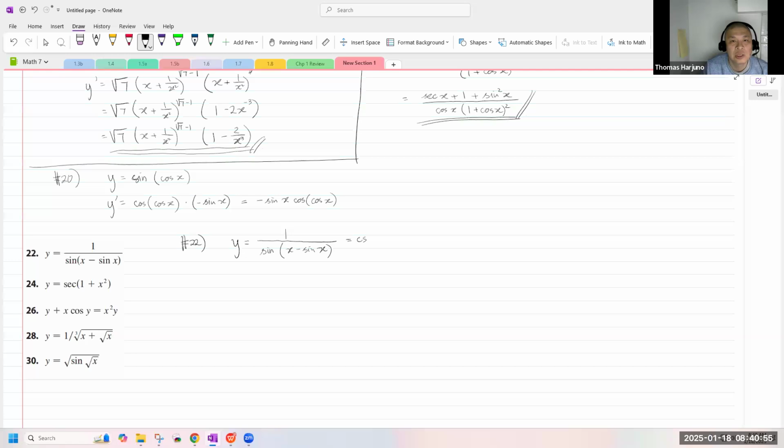Maybe I write it below that. Yeah, this is cosecant of x minus sine x. Now, the derivative of cosecant is negative cosecant times cotangent of the same, right?